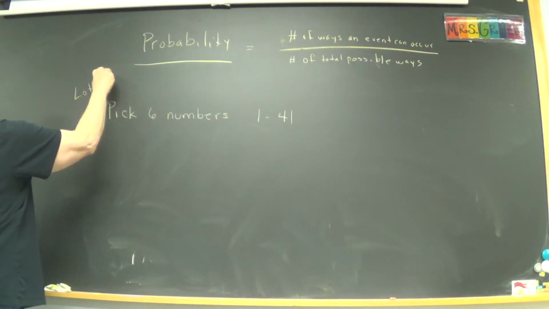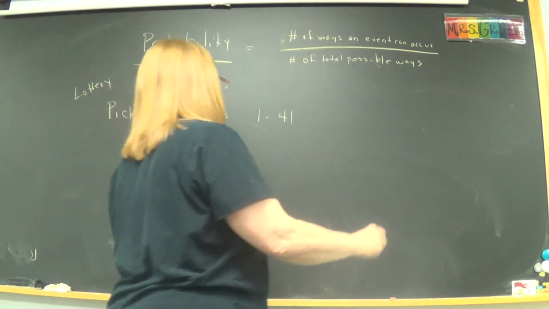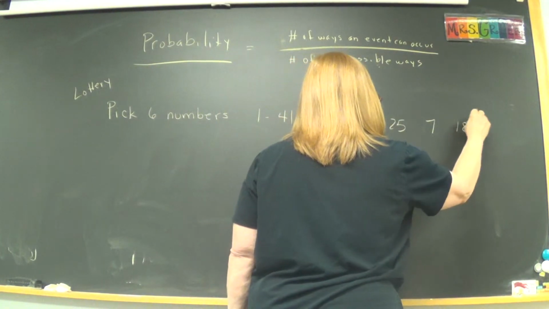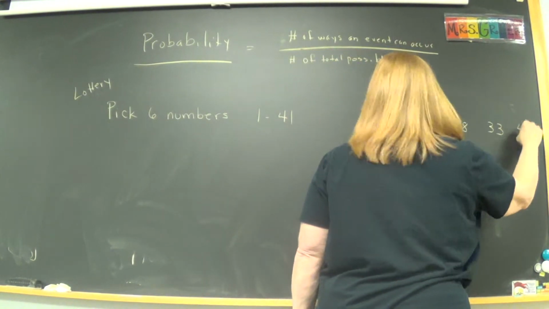Which is a really low probability. Yeah, we're going to see that. All right, so you're going to pick 6 numbers, and so for example, you might pick 2, 25, 7, 18, 33, and 41.